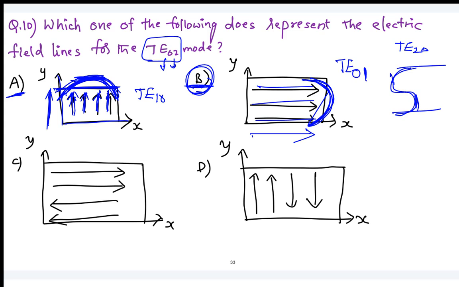We have variation only in the X direction? No. When you move in the X direction, do you have any variation?